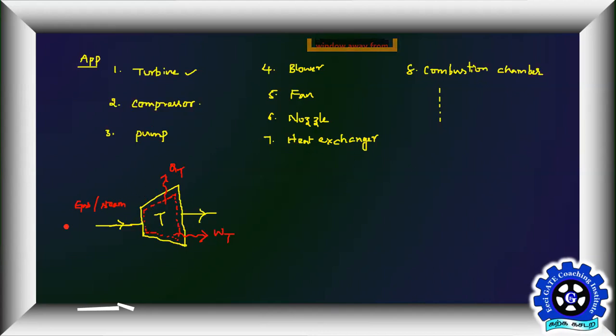So you expect the volume, whatever you are seeing as a focus, to always be fixed. Volume of your region is fixed, but mass can change. The system mass, whatever you're seeing here, can change.